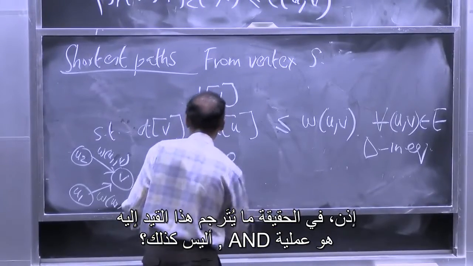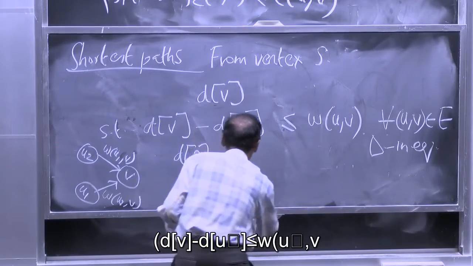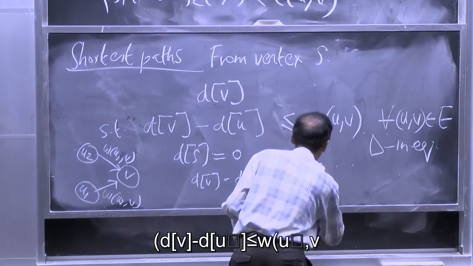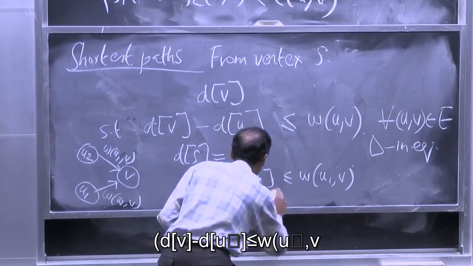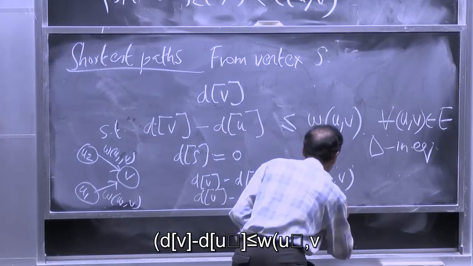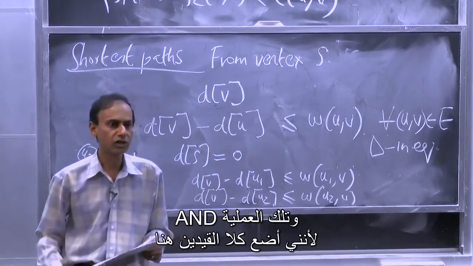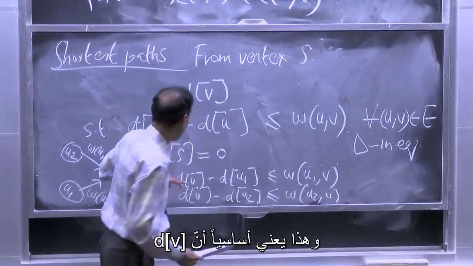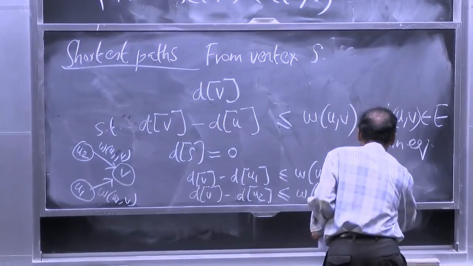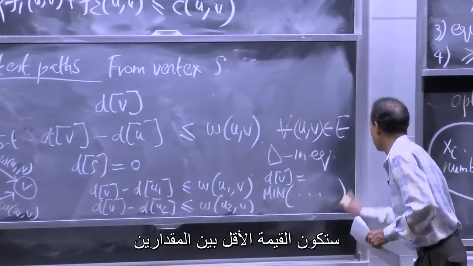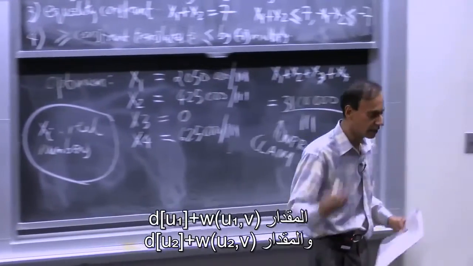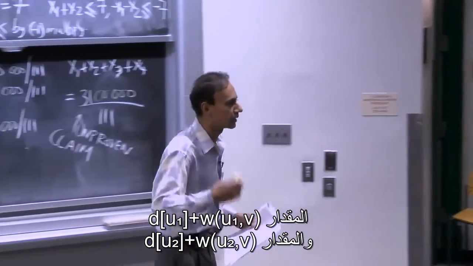So in effect, it's an and: dv minus du1 is less than or equal to WU1V, and dv minus du2 is less than or equal to WU2V. That's an and because I'm putting both of those constraints in here. And that essentially means that dv is going to be the min of the du1 quantity plus WU1V, and the du2 quantity plus WU2V.